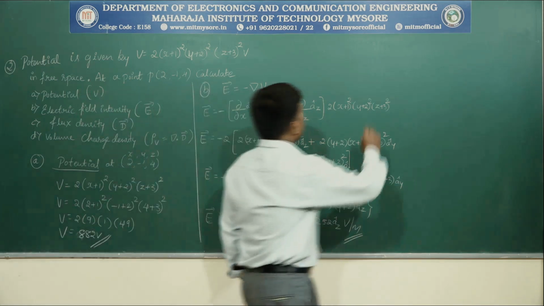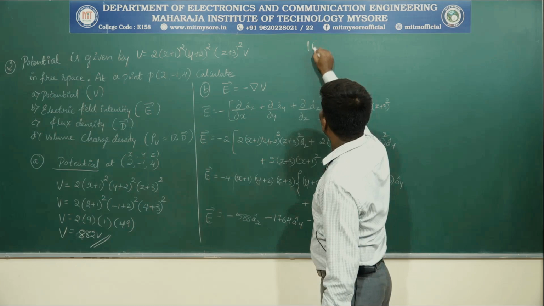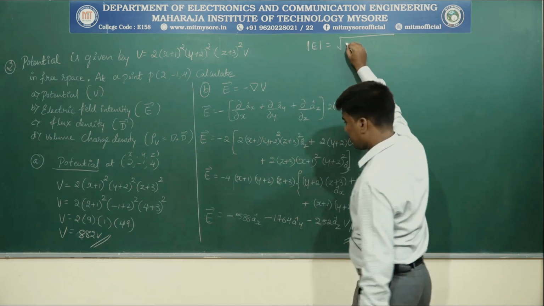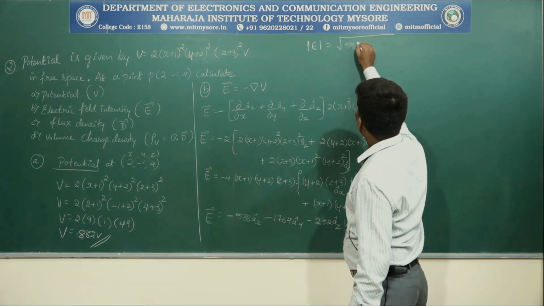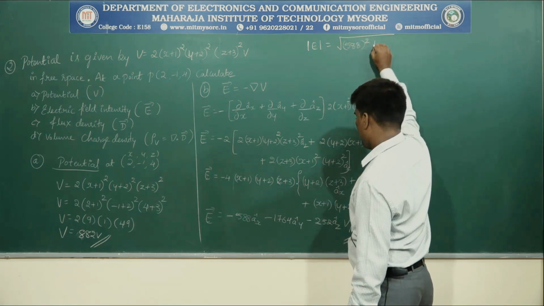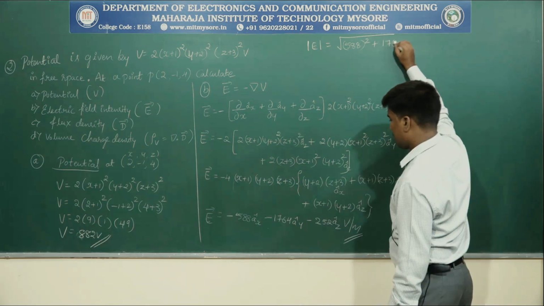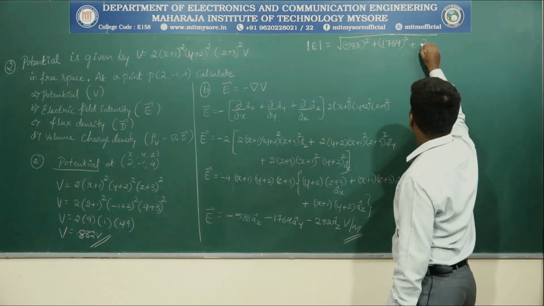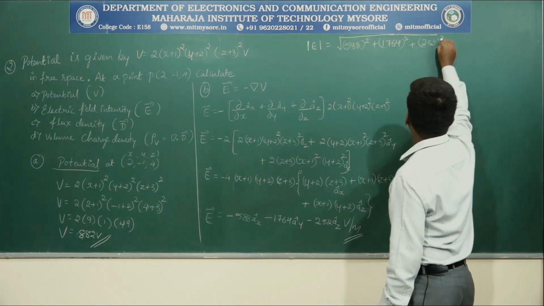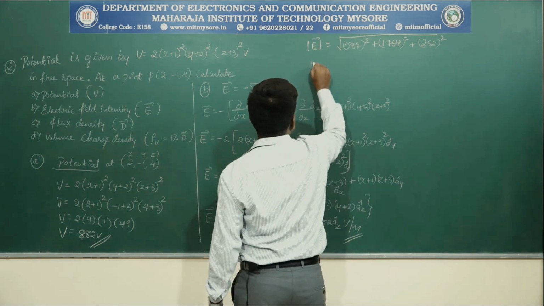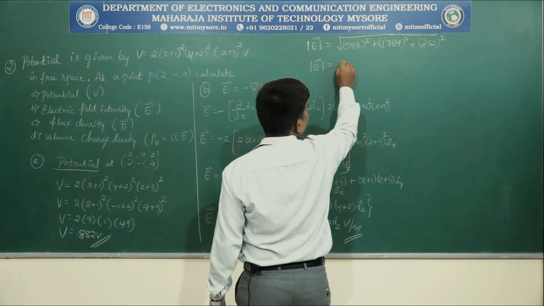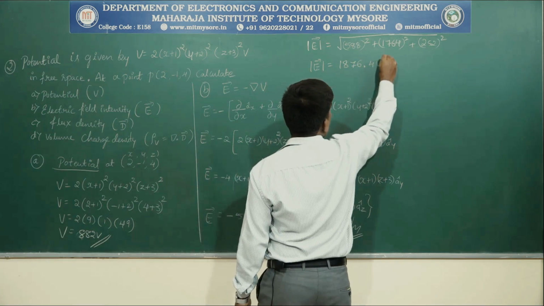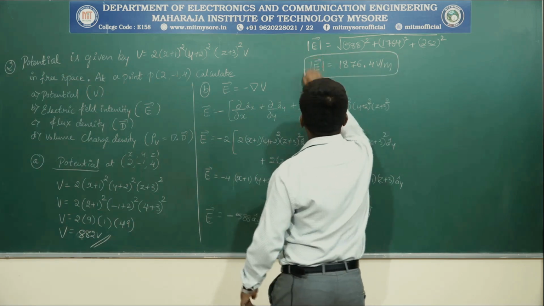Now, in order to calculate the magnitude, E is equal to square root of 588² plus 1764² plus 252². So the magnitude of E is equal to 1876.4 volt per meter. This is the second quantity.